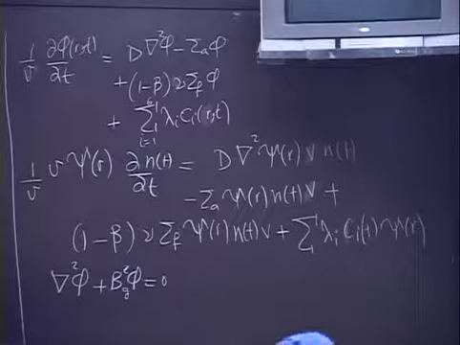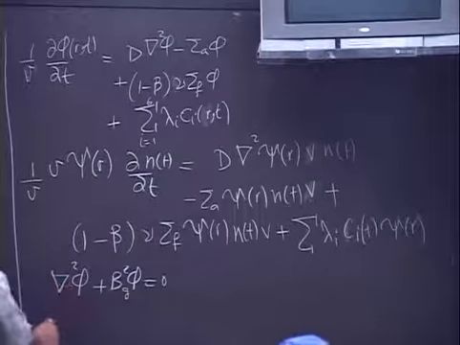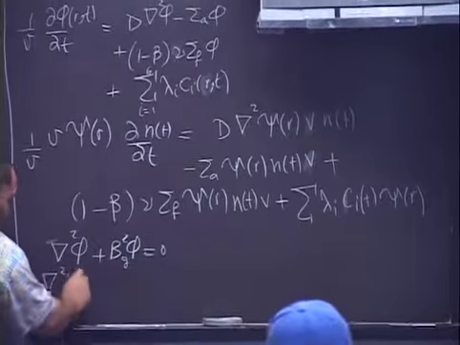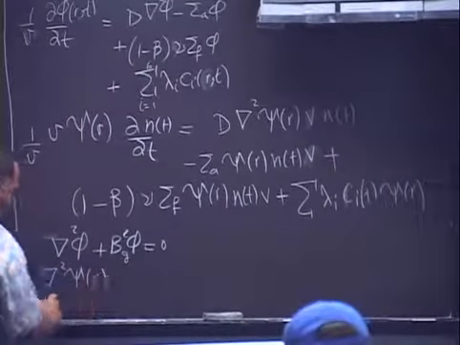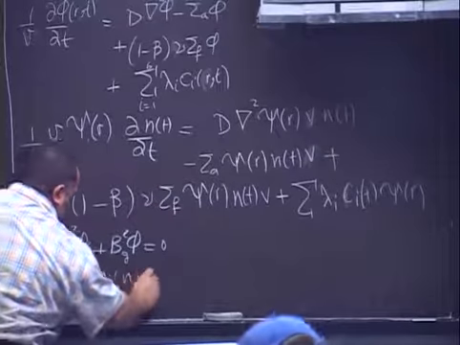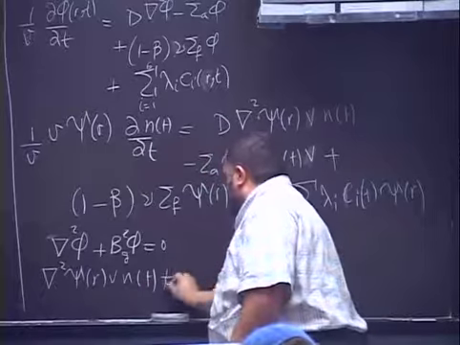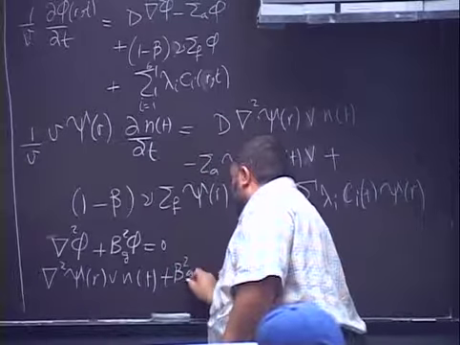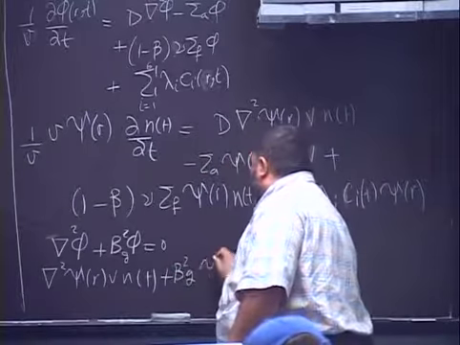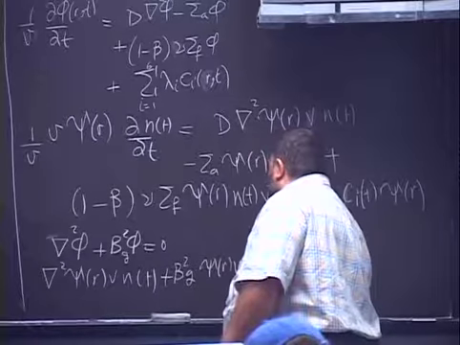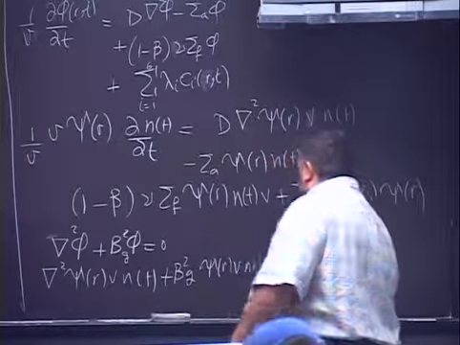So if you substitute here, this will be nabla square psi of r multiplied by V n of t plus B square G multiplied by psi of r multiplied by V n of t equal to 0.